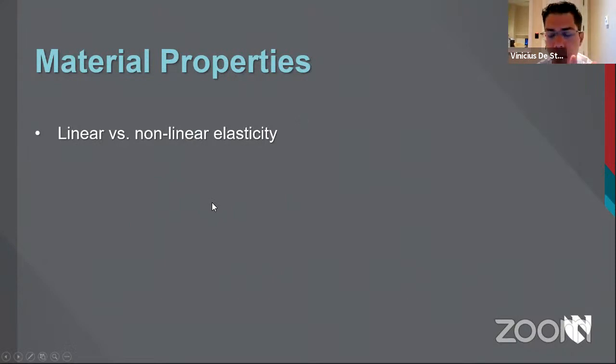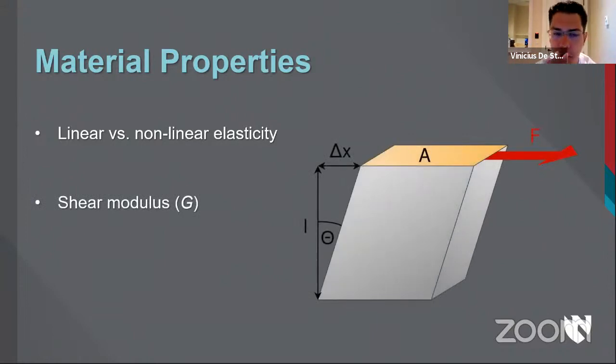I'm going to mention a couple of other variables here because they are important and they are reported in many biomechanics studies. One of them is the shear modulus, which in most formulas is the letter G. I won't go into a lot of detail, but to understand it, think about a dull scissor when you're trying to cut paper. You have two forces acting in parallel.